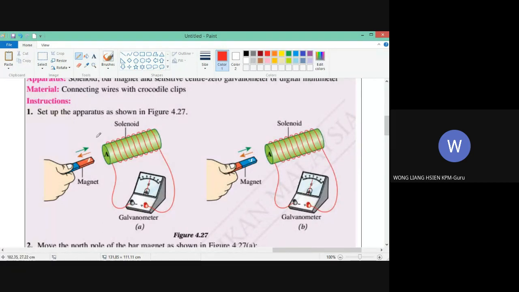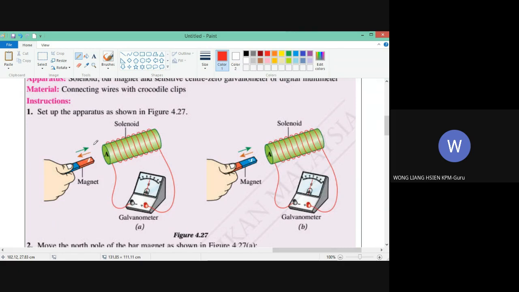That means when we push the magnet in, the solenoid will cut the magnetic flux. When it cuts the magnetic flux, the coil of the solenoid will have an induced EMF. The induced EMF will produce induced current, and the induced current will produce a magnetic field. The magnetic field from the induced current will interact with the magnetic field from the permanent magnet.